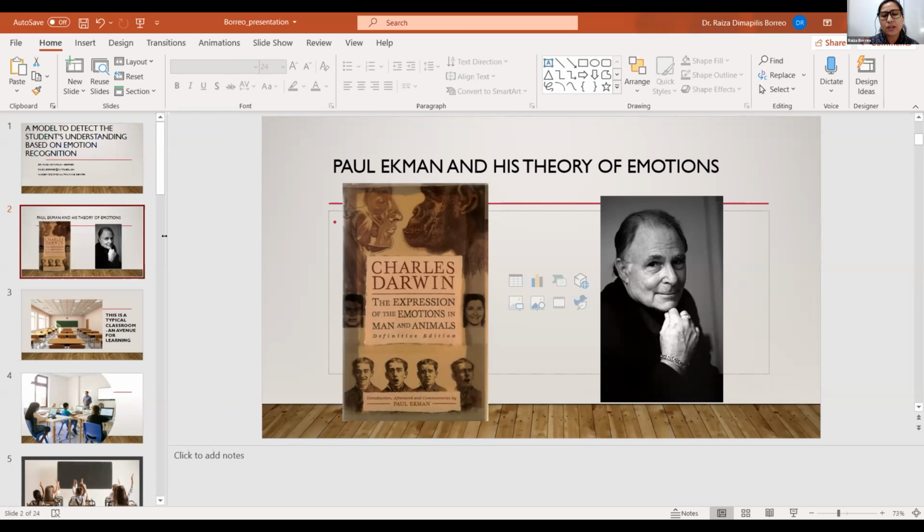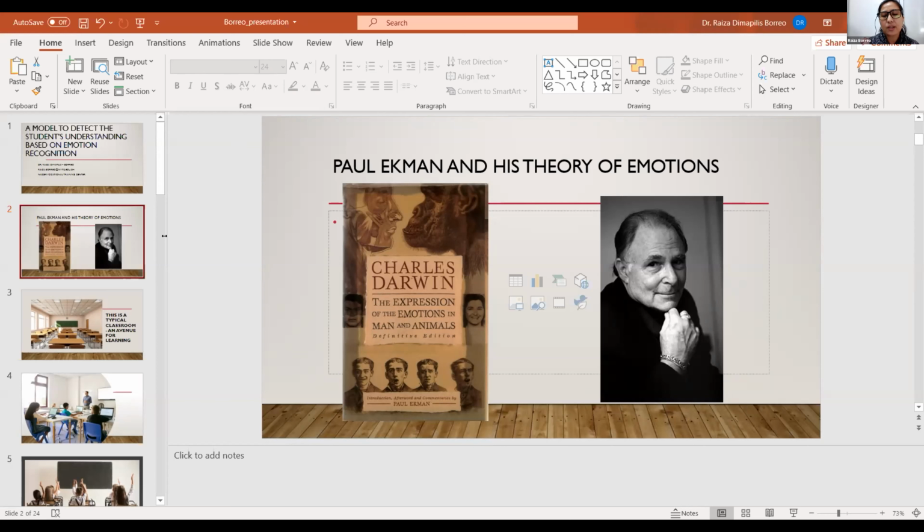It could be a problem with the teaching strategy of the teacher, or it could be coming from the environment where they are. There are several factors that can be considered. However, the goal of the teacher is still to make his or her students understand the lesson. If not, several problems will occur.